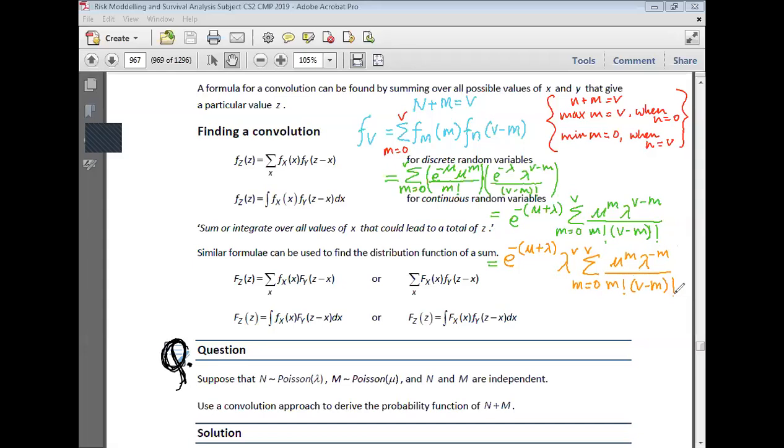Okay, what can I do next? So mu raised to m and lambda raised to minus m can be written as mu upon lambda, the whole raised to m.